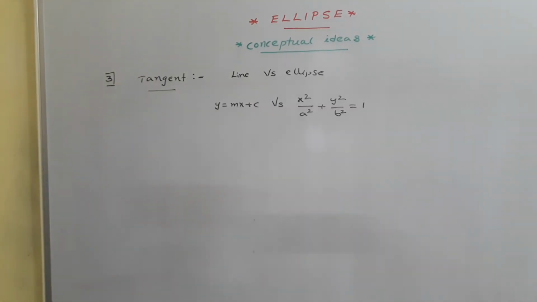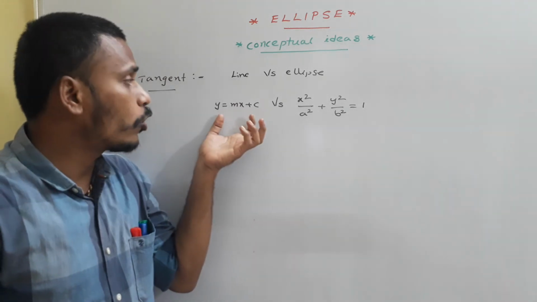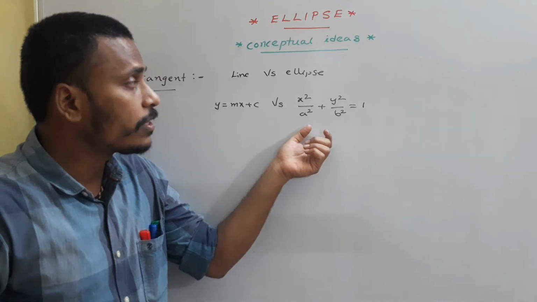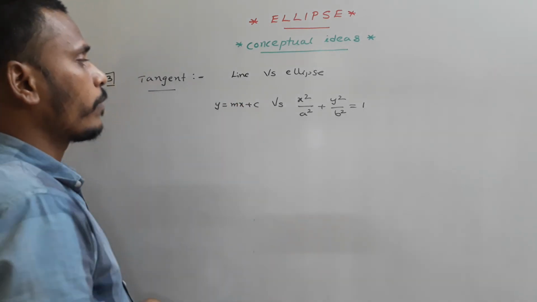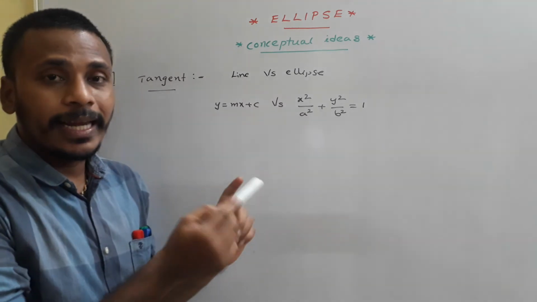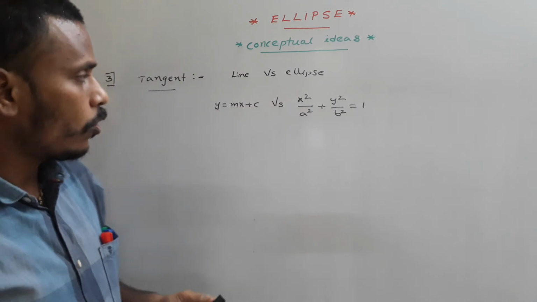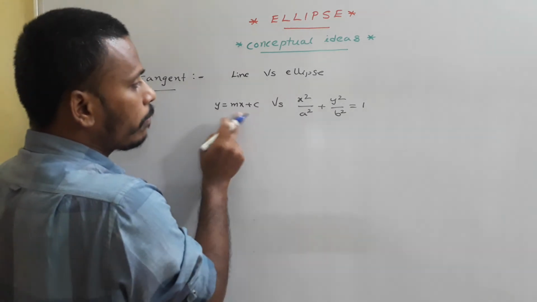So, comparison of a line with the ellipse, and that line is usually in y is equal to mx plus c form, and that ellipse is x square by a square plus y square by b square is equal to 1. So when you compare these two, when you try to get the intersection points of these two, okay, we have different discussions based on this c, m and a, b.